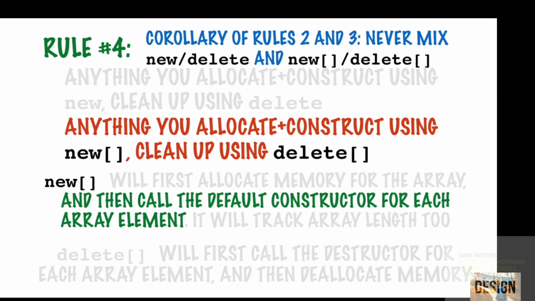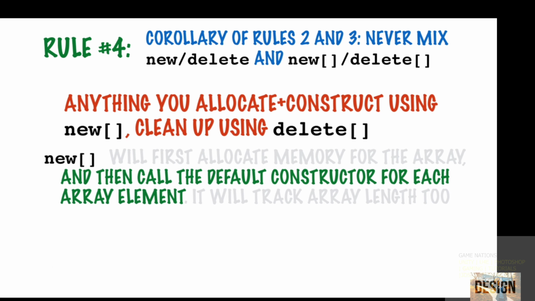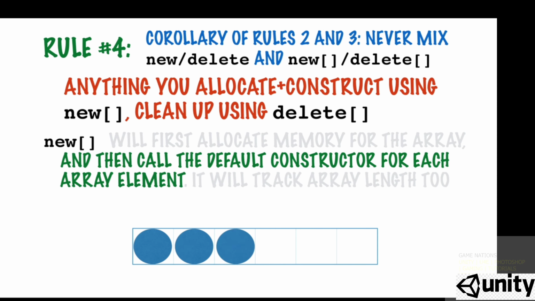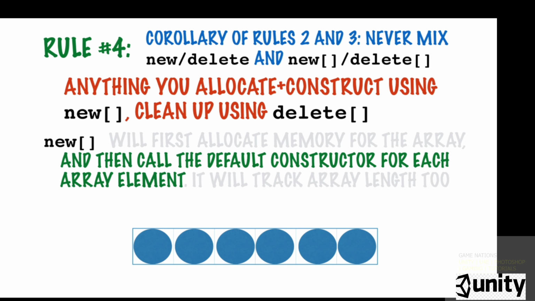Once the memory for the array has been allocated, new will call the default constructor for each array element. So we have every array element here. The default constructor will be called for each of them, and the member variables inside each element will get their correct default values. So see that it looks very different from the new without square brackets. The entire operation is very different from the new without square brackets that we saw earlier.